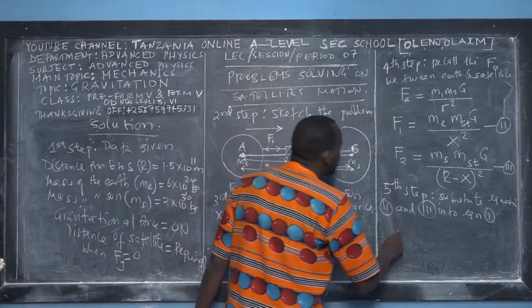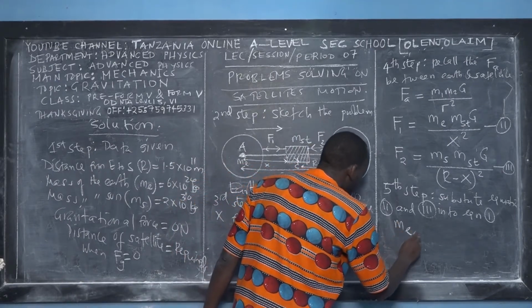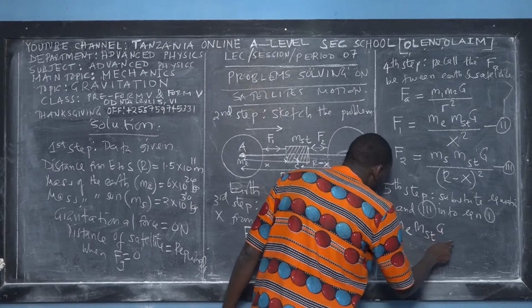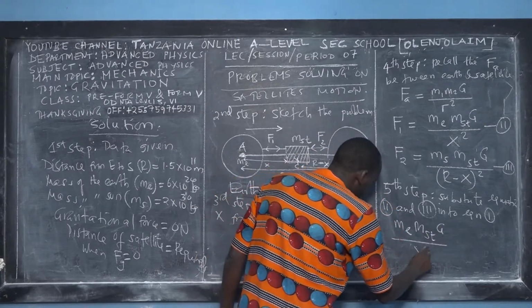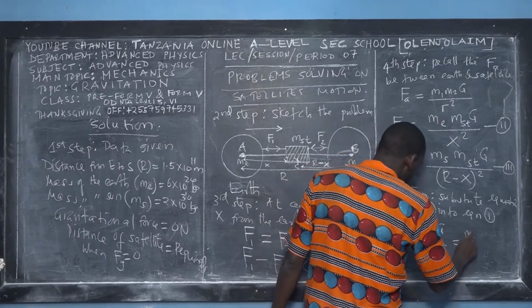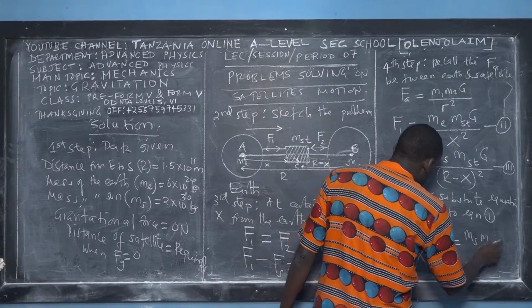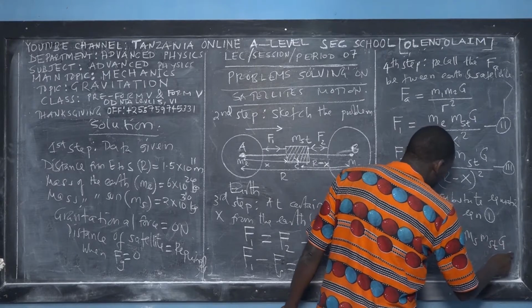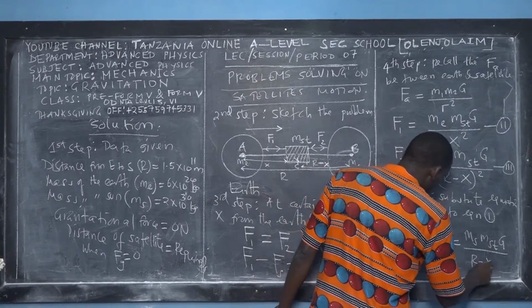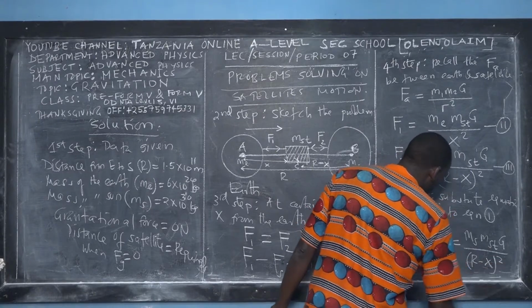If you do that substitution, you find the mass of the S, mass of the satellite, times the gravitational constant, then you have the distance x, which we are looking for, and then you have the mass of the sun, mass of the satellite, gravitational constant, over r minus x squared.